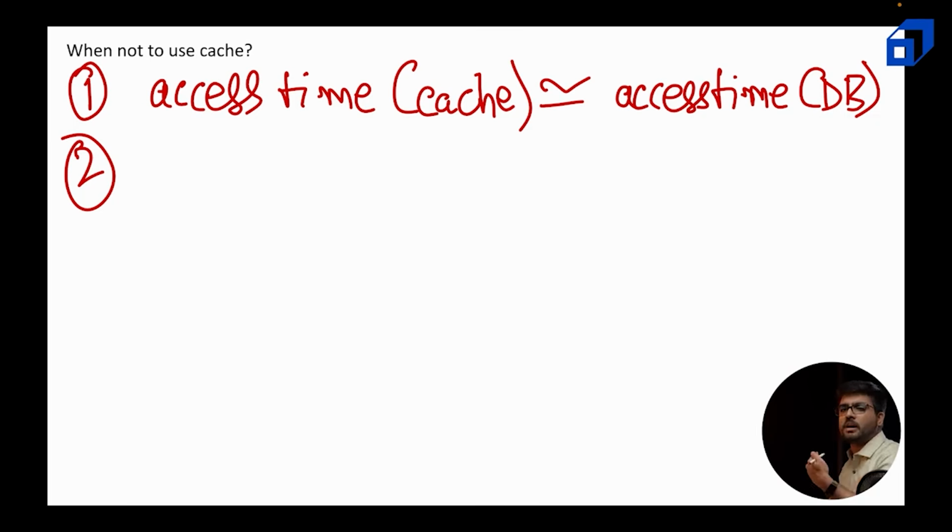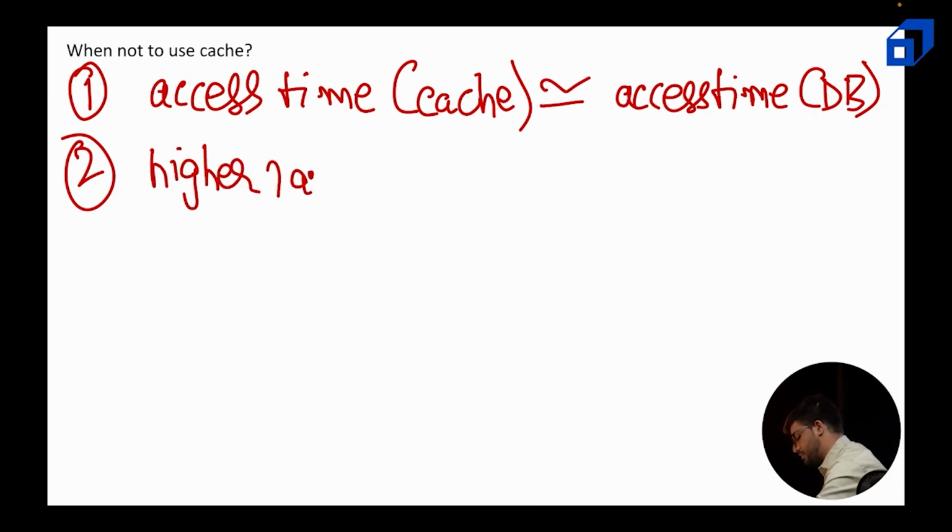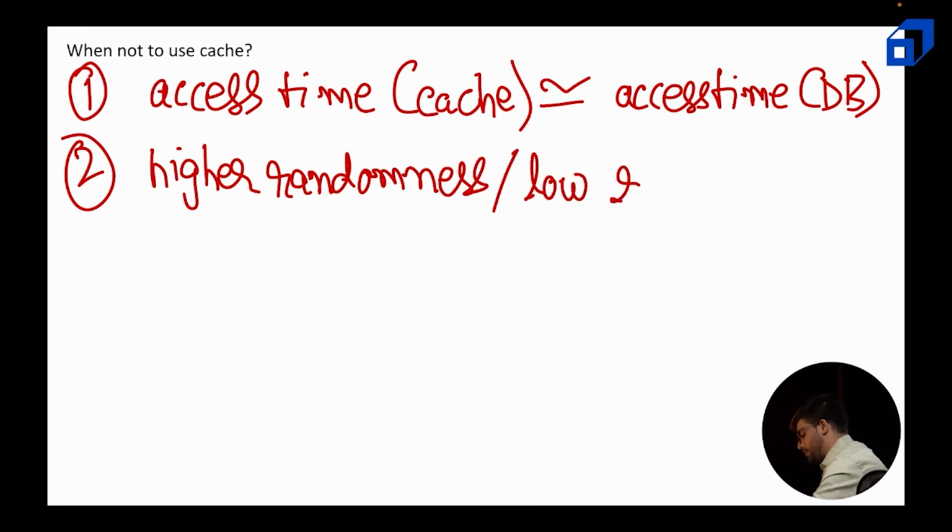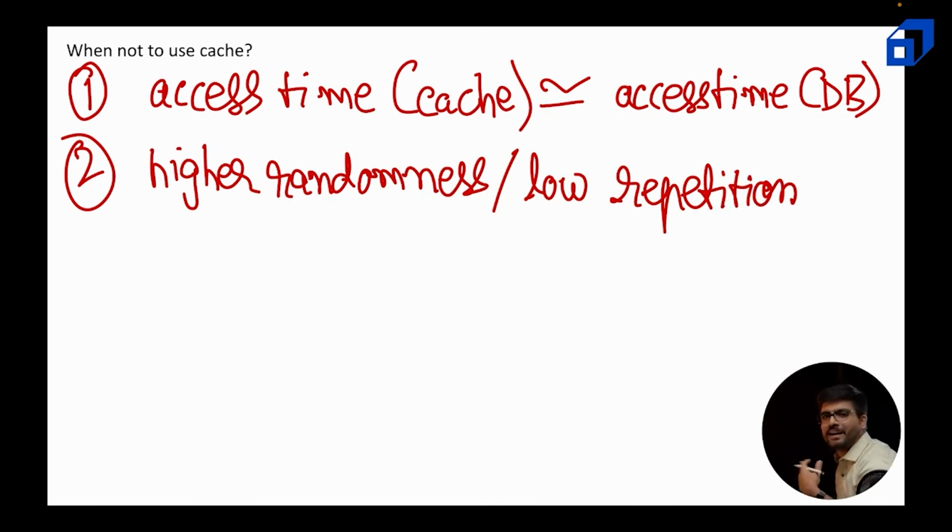But if there is higher randomness in the access patterns, or lower repetition in the access pattern, then we must not use cache, or we must find an alternative to try and improvise it. Now the third point being, if there is a lot of write QPS which is going to lead to more frequent changes, then it will cause our cached version to be out of sync, and that will lead to more accesses from the primary database itself.